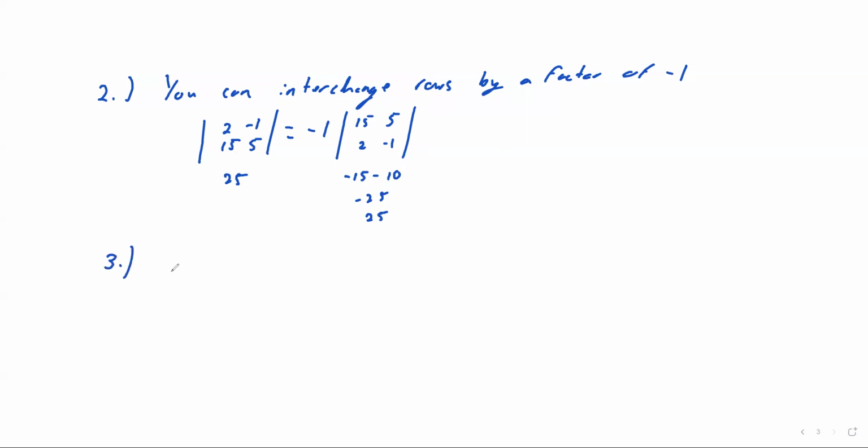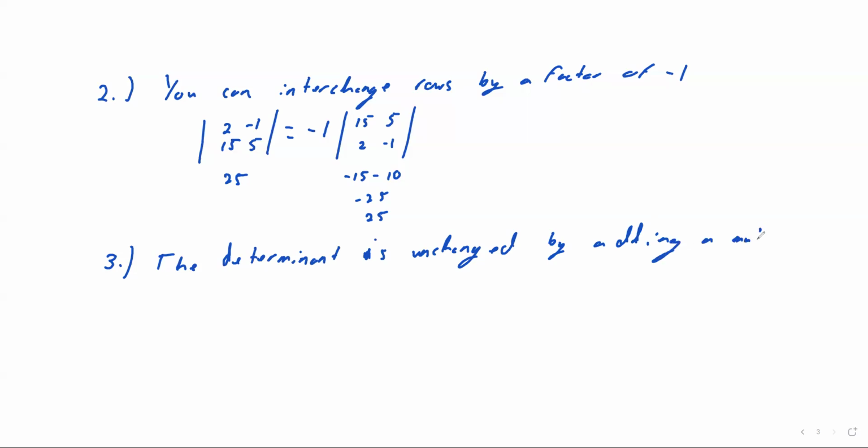And then the last property is the determinant is unchanged by adding a multiplied row.